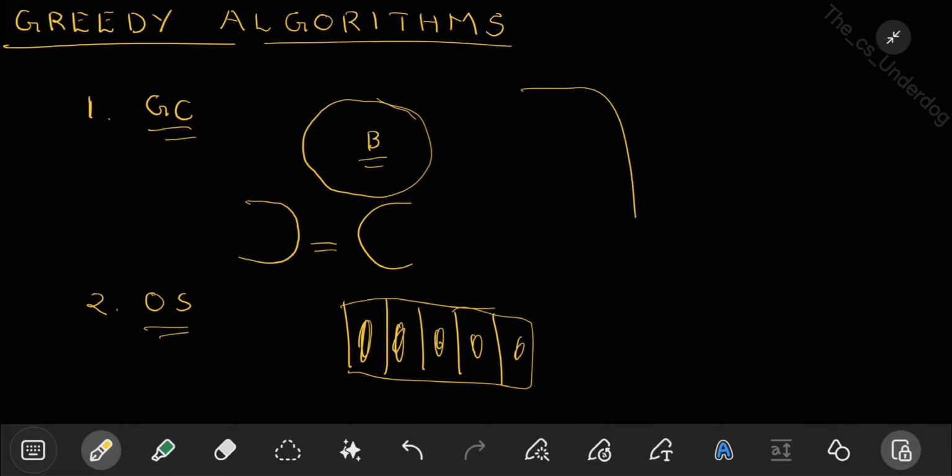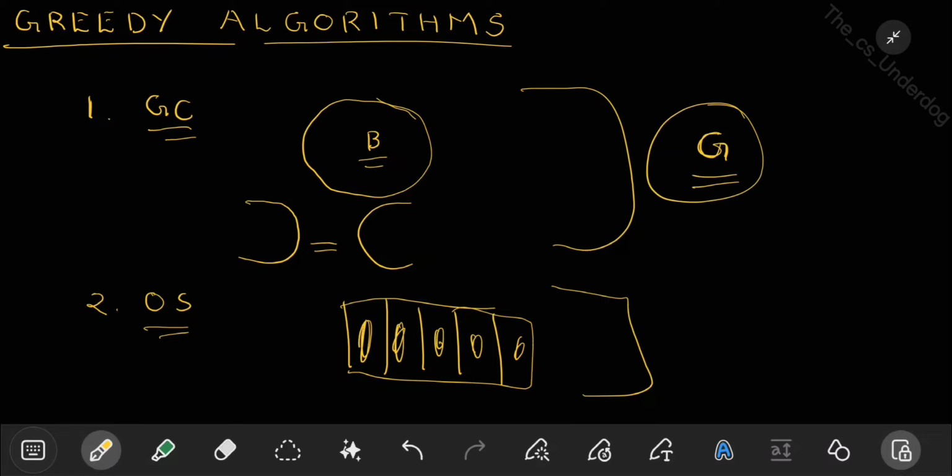So what is the difference between these two properties? The first property, which is the greedy choice property, talks about the greediness. It talks about taking the greedy approach at each single step while you are solving. That will lead to the final best solution. While the second property talks about the problem being breakable into smaller parts.